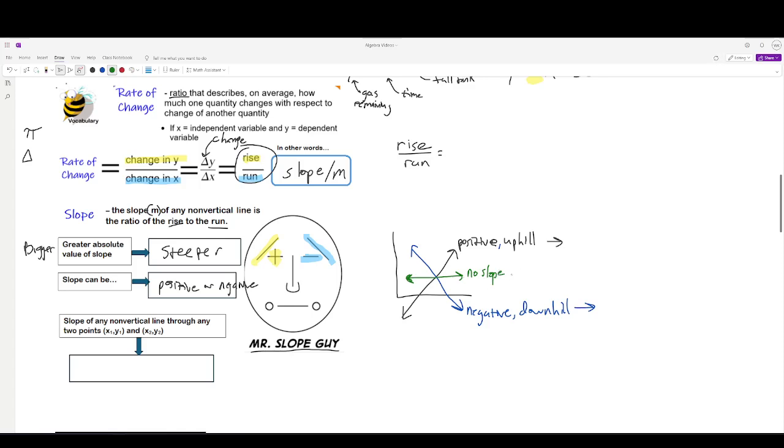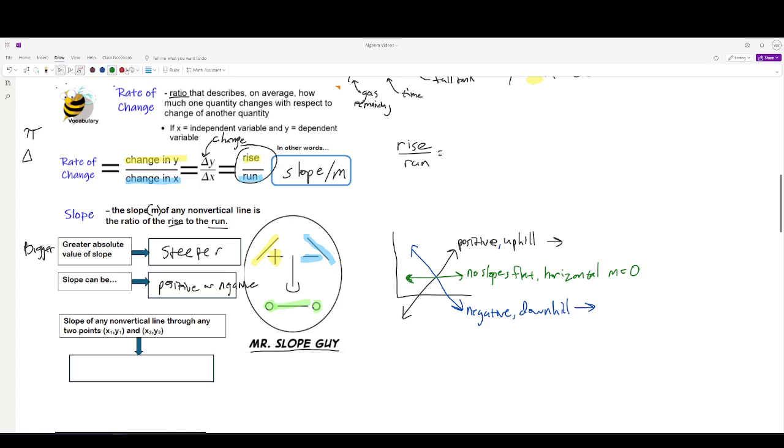It's completely flat. It's horizontal, and it has a slope value of 0. So we go down to this mouth area where we have these two little dimples or cheek marks that are zeros, because this horizontal line has a slope of 0.